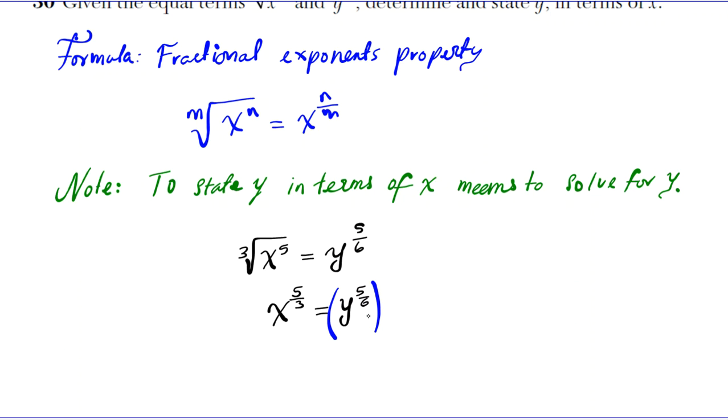So since we're raising this to the 5/6 power, if we raise it to the power of its reciprocal, 6/5, we are going to accomplish the inverse operation. What does the inverse operation do? It basically eliminates what this power does. If you multiply this out, what do you notice happening on the right side? The 6's divide out to 1, and then the 5's divide out to 1.